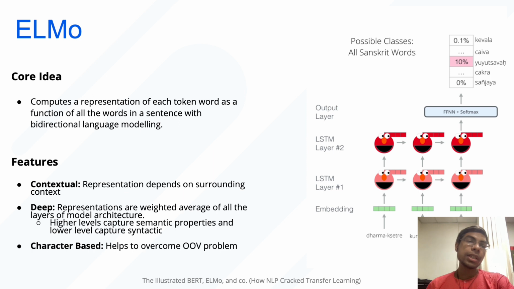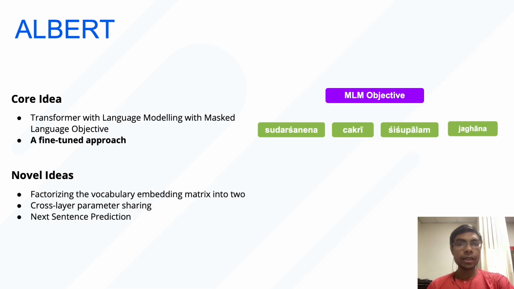In the contextualized family, ELMo uses an LSTM architecture, and it is based on bidirectional language modeling. And ALBERT is the light version of BERT, and this is also a contextualized model, but it uses a transformer architecture, and it uses a masked language modeling objective for training.